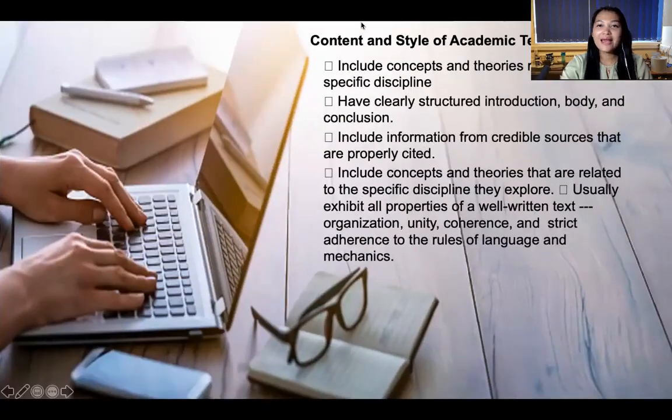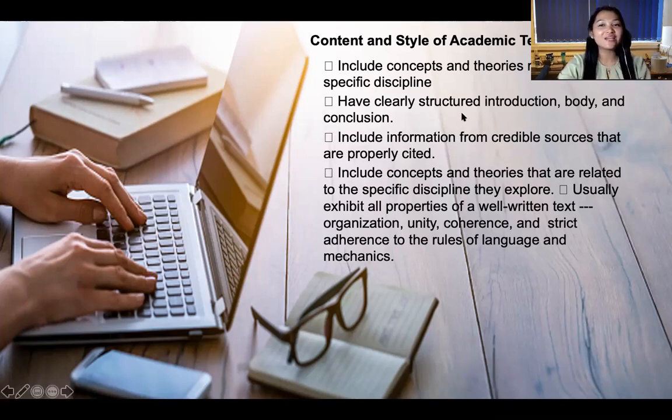Next, let's have the content and style of academic text. So, how do you determine if this is an academic text? Now, class, simply take note. It includes concepts and theories that's related to a specific discipline. Okay, usually that's what you're going to see when you open your book, scan the pages, and you're going to see concepts and theories that's related to a specific discipline, may it be in science, in English, or what.